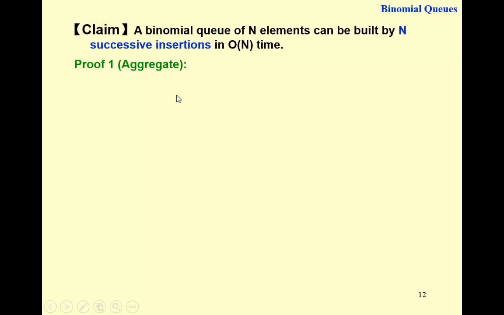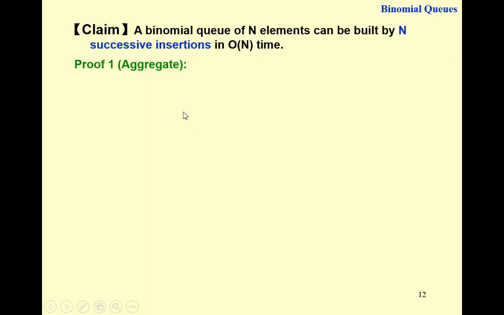First, let's try the simplest method. It's the aggregate method. Do you still remember what that is? Aggregate means we simply add up all the steps and count the total number of steps, right? And then divide the total sum by n to obtain the average, right?